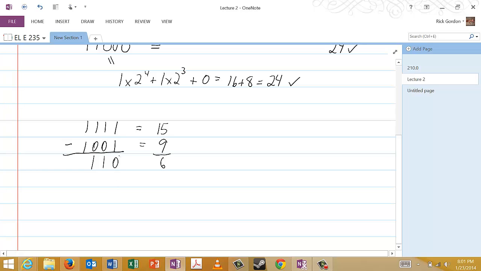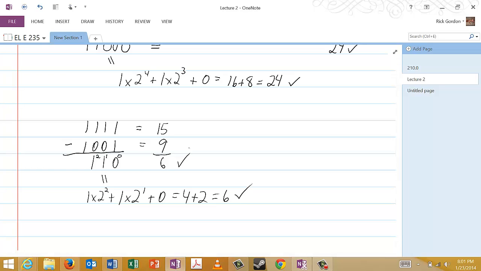And if we check, with positions 0, 1, 2, this number is equal to 1 times 2 squared plus 1 times 2 to the first power plus 0, which is 4 plus 2, and indeed it is 6. So we get the correct answer for both the addition and the subtraction. And I think that that's fairly straightforward for that problem.